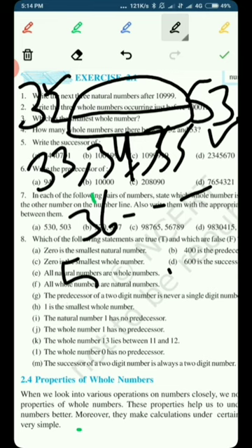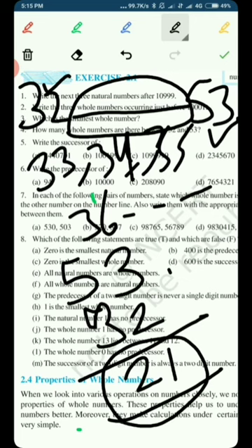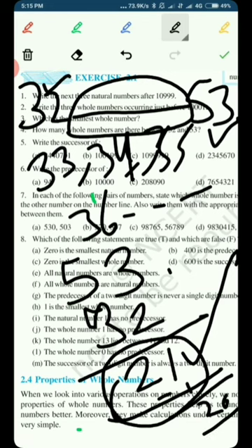So what we do, we subtract 32 from 53. What we get is 21, and whatever answer we get in the subtraction of the two given numbers, 1 less than that will be the number of whole numbers between these given numbers.